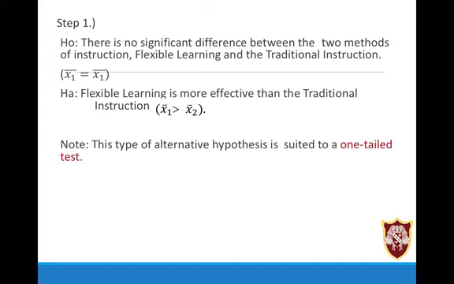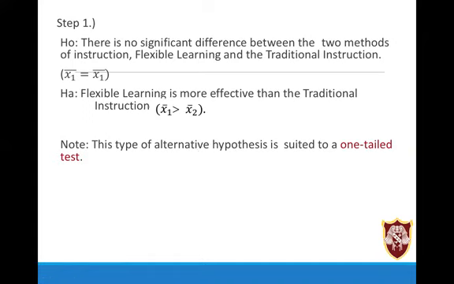Okay, so if you express the alternative in this way, let's say flexible learning and traditional instruction are significantly different, then that would give us a two-tailed test. No? So you're just saying that the two are not equal.